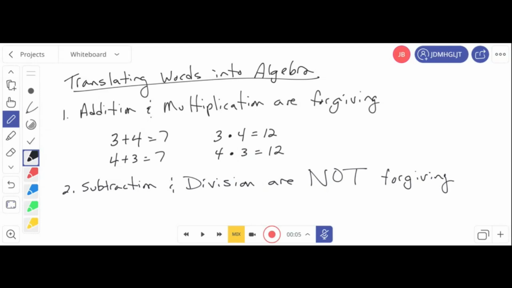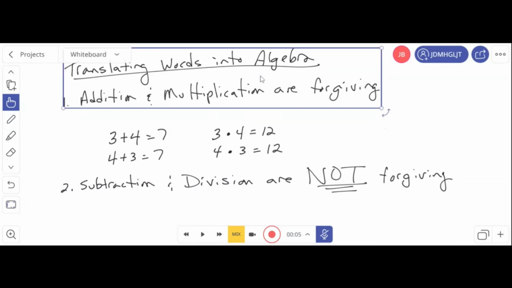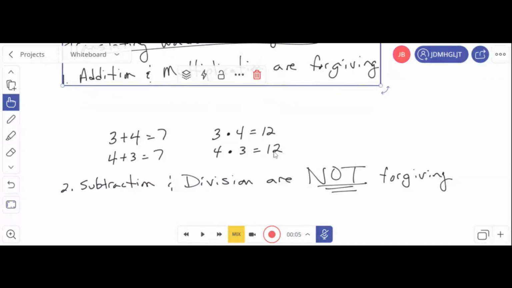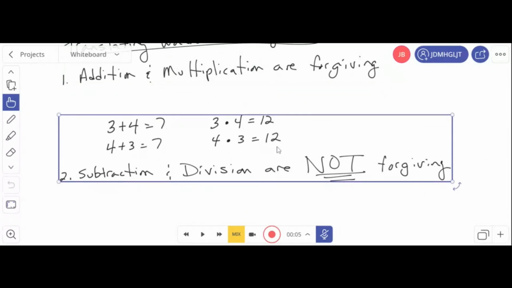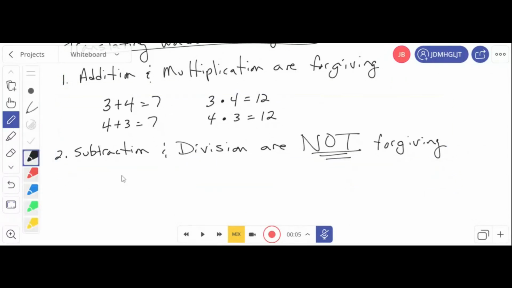Subtraction and division are not forgiving. Not in the least. Okay?